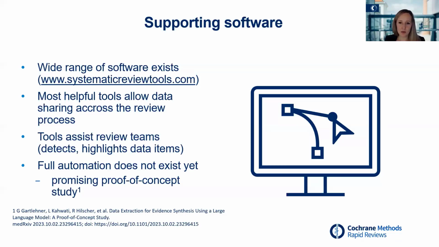But in this study, they used Claude 2, and the large language model extracted data, and it was actually very good. It had an accuracy of 96%, and it only made 6 errors on 160 data items. So this might be something that could be helpful in the future, but at the moment, there are no automation tools that take over the data extraction yet.